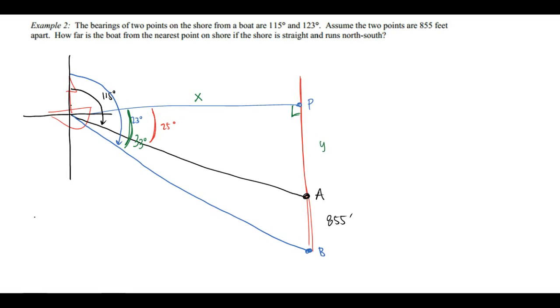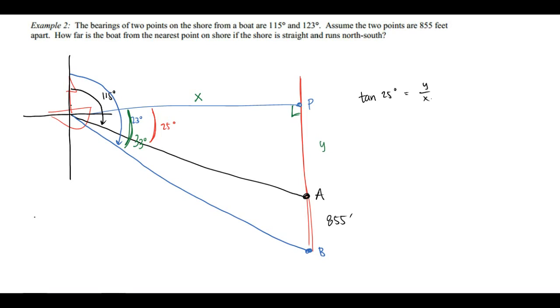So first thing I'm going to do is try to figure out a triangle for my boat to point A to point P, and that's definitely going to be tangent. So the tangent of 25 degrees has to be equal to y over x.